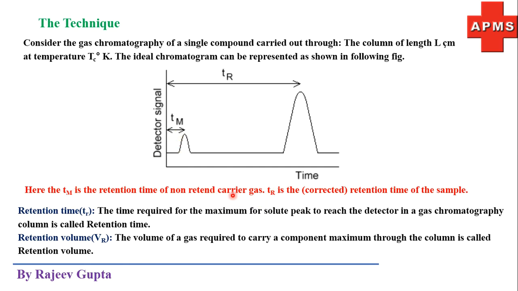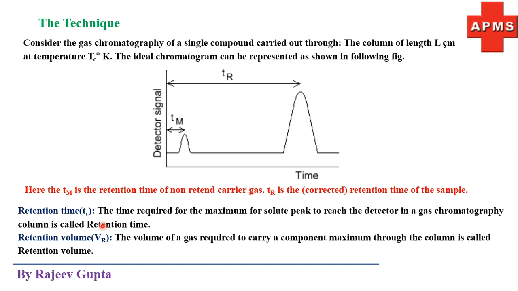So this is the mobile phase, and Tm is here, M for mobile and T for time, meaning retention time. Retention time is the time required for the maximum of a solute peak to reach the detector in gas chromatography. It is the time required for the mobile phase or carrier gas to enter the column and go inside the detector finally.